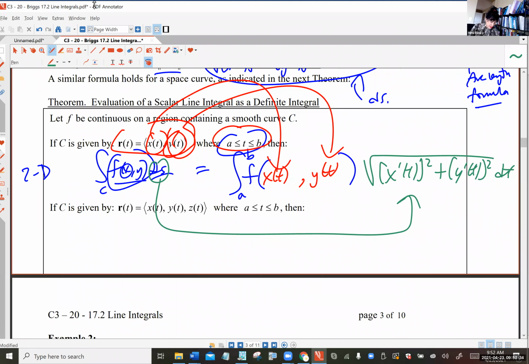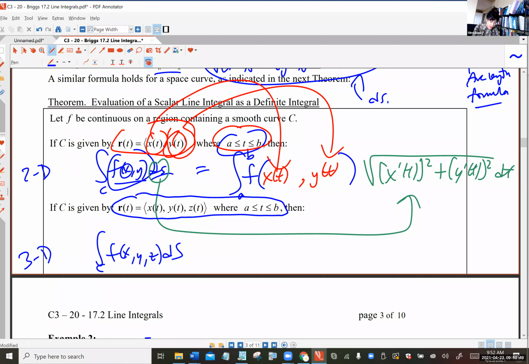Now, what about the 3D version? Because you'll have 3D line integrals as well. So let's say you're looking at this 3D generic line integral. How do you turn that into a regular integral that you can do business with? Well, again, hopefully somebody already parameterized your 3D curve using a vector valued function, r of t, and you've got time ranging from a to b seconds. So the range of time gives the limits on your integral. For f of x, y, and z, again, you have to substitute.